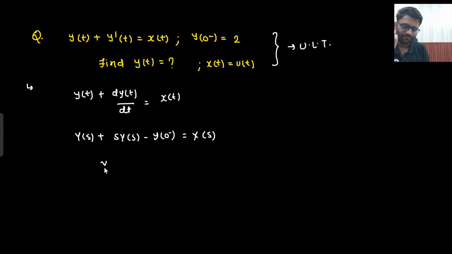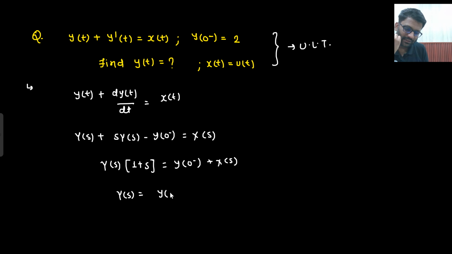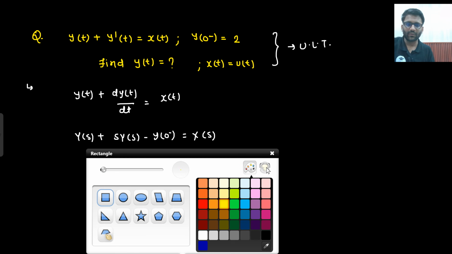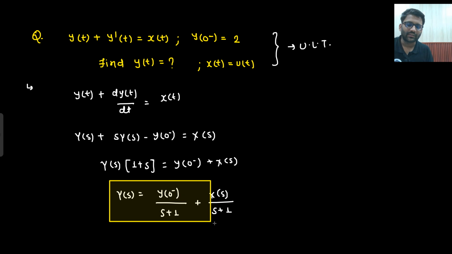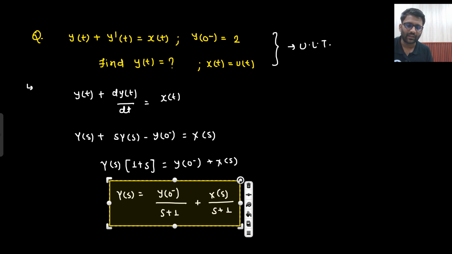As of now, let's just see it. (1 plus s)Y(s) is equal to y(0-) plus X(s). So what would be your Y(s)? Y(s) is coming out to be y(0-) divided by (s plus 1) plus X(s) divided by (s plus 1). So this is the value of Y(s) you are getting, right?